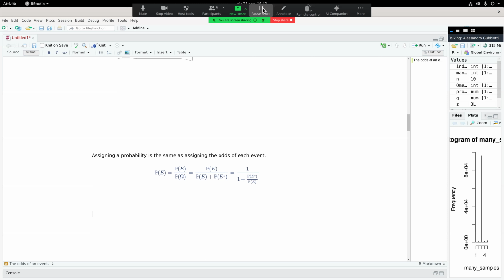So you see that odds can change very much if A, for instance, is contained in E, the odds will be zero. This number can vary from 0 to plus infinity. If A is chosen appropriately, you can obtain whatever number between 0 and plus infinity.